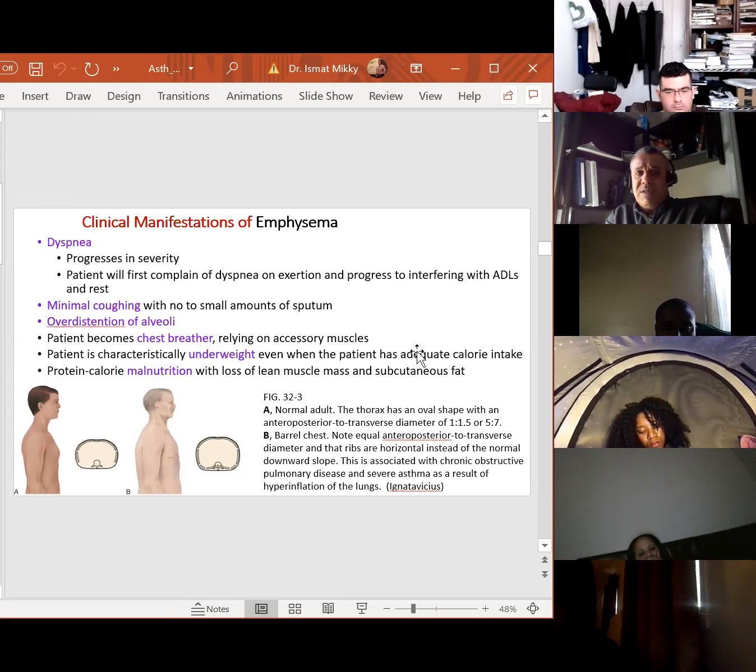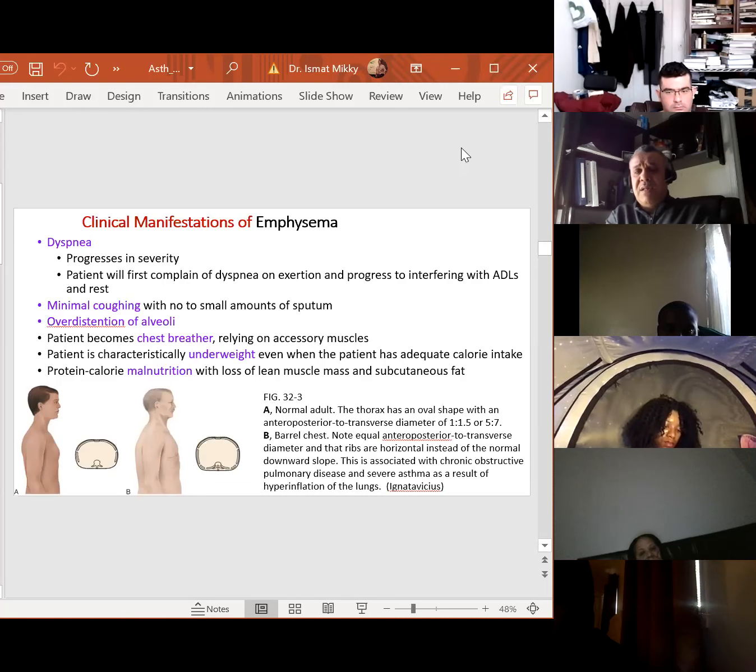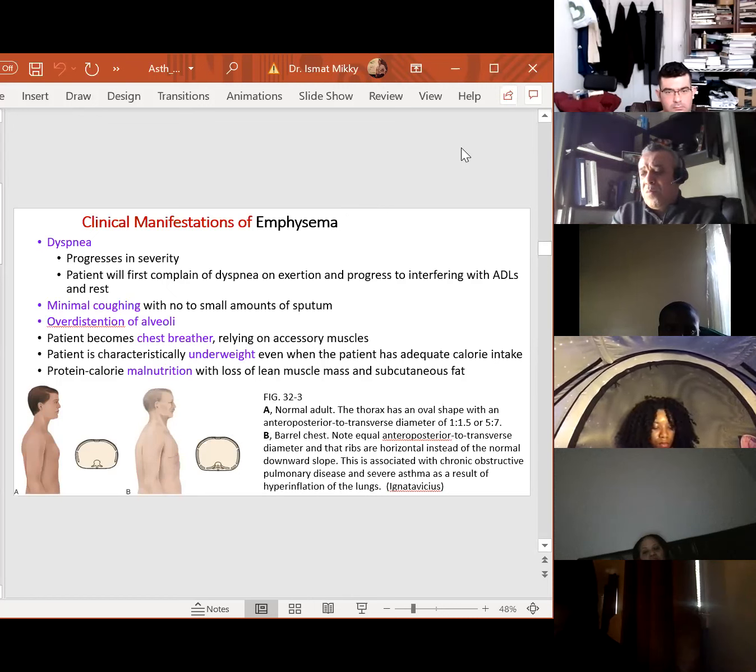So if the AP diameter has increased, that would result in a ratio like 2 to 1 instead of 1 to 2, because we compare the AP diameter versus the transverse diameter.